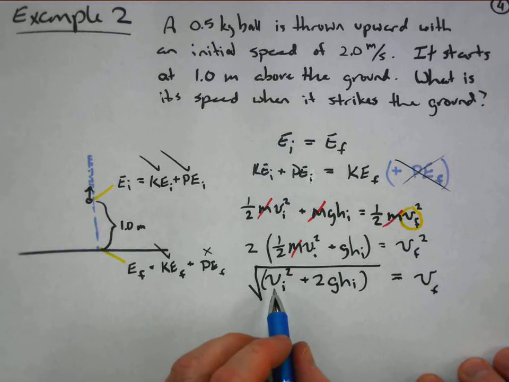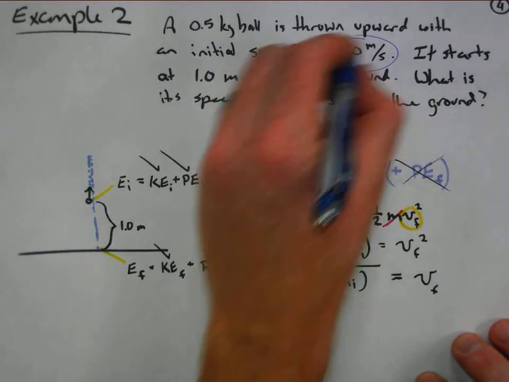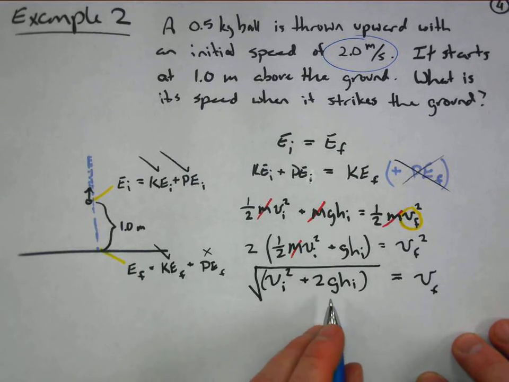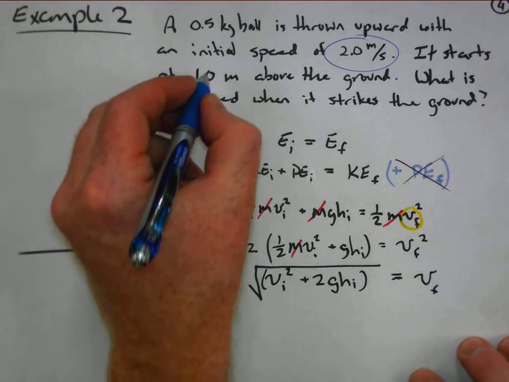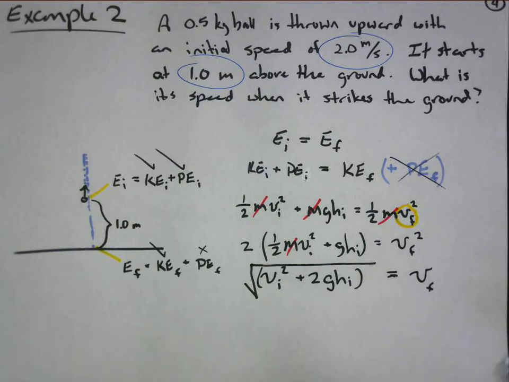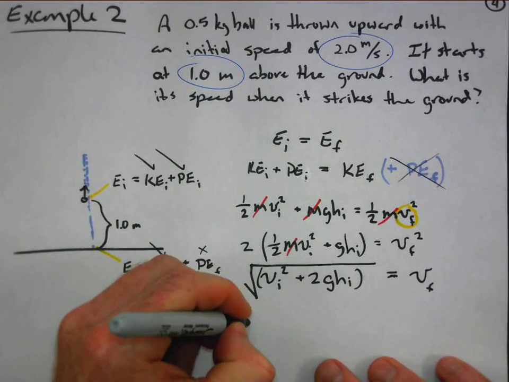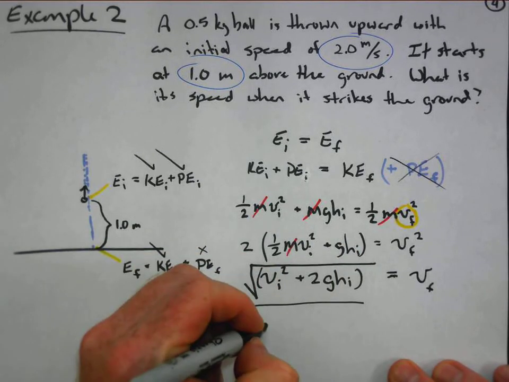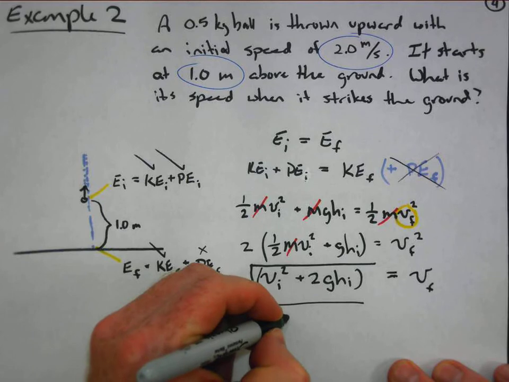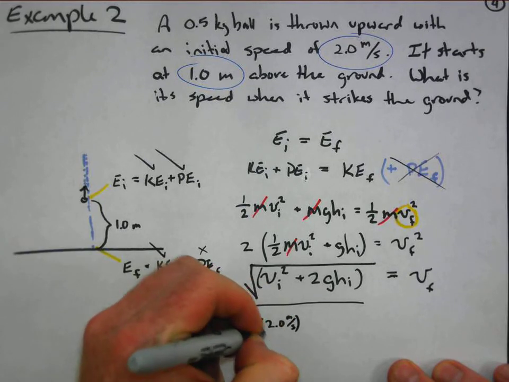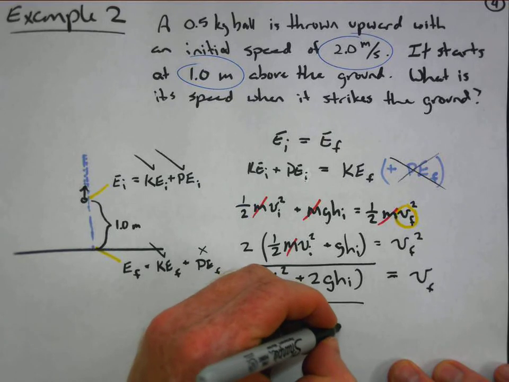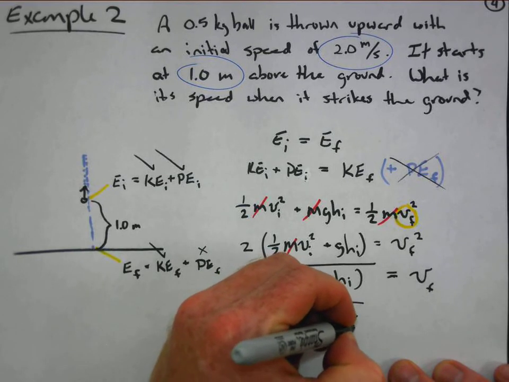I know my initial velocity is right there. I know g is 9.8 for these problems. We're making the safe assumption that we're on Earth's surface. H initial, the initial height, is that 1 meter right there. So, 2 meters per second squared plus 2 times 9.8 meters per second squared.